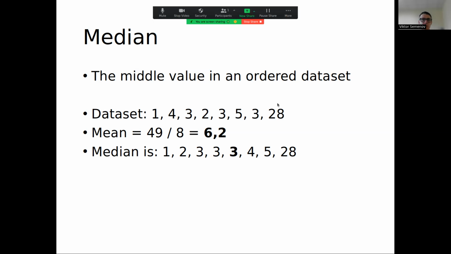It is very different from what we've seen in the previous data set. So the number of observations has increased by 1. But after we calculate the mean value, we can see that it has changed from 3 to 6.2.